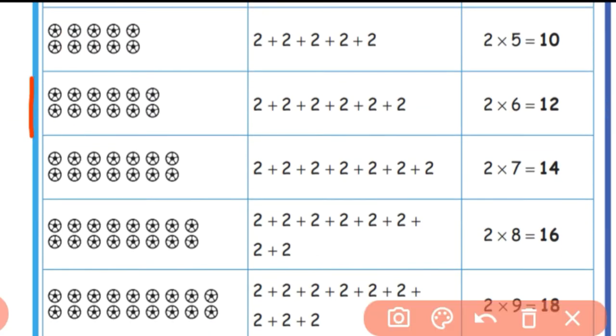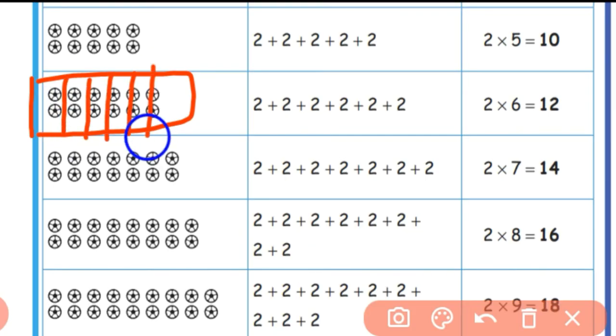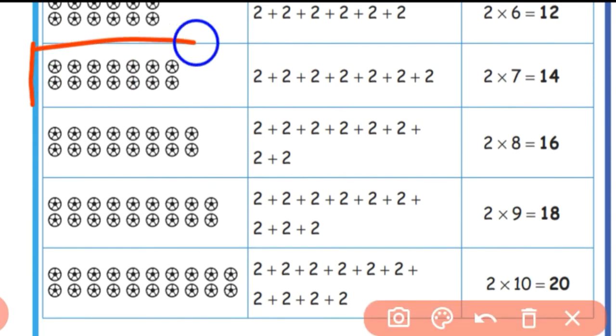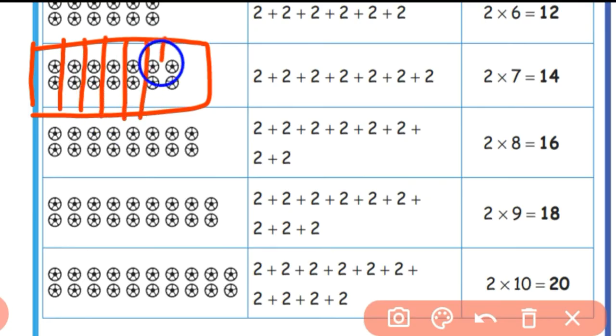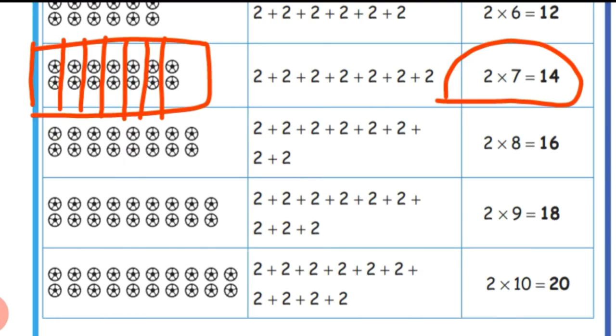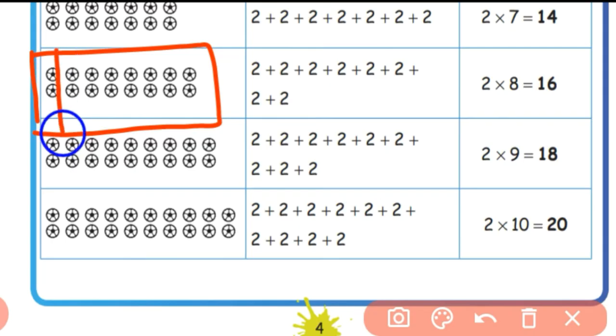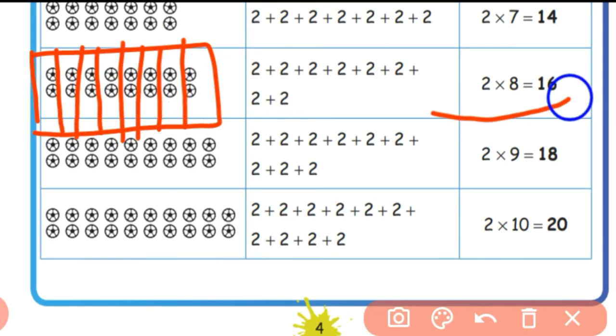Next one, see, 2 into 6 is equal to 12. Next, 2 into 7 is equal to 14. 2 into 8 is equal to 16.